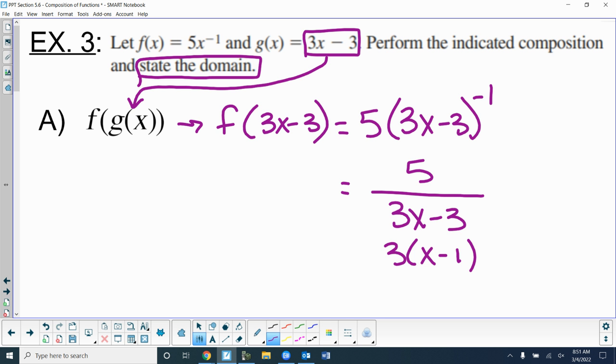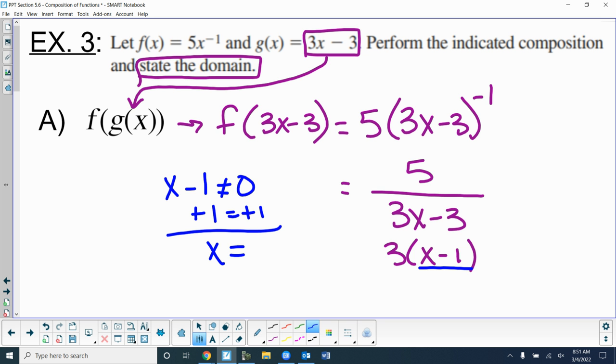Because an imaginary number is a radical, right? But anyway, 0 is what I was looking for. All right. So what number makes this equal to 0? 1, right? So x cannot be 1. So here's our answer.